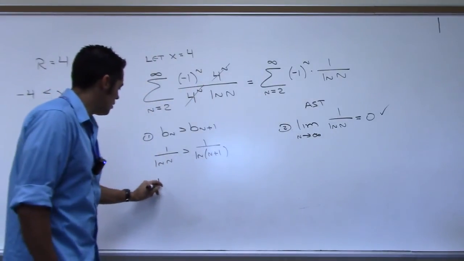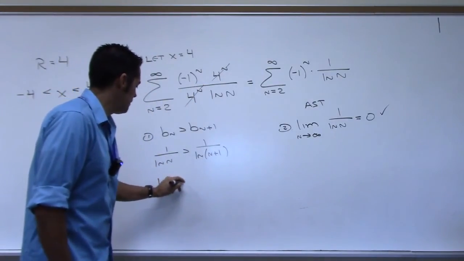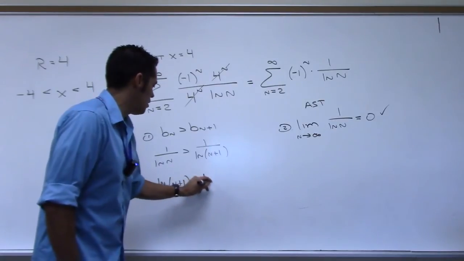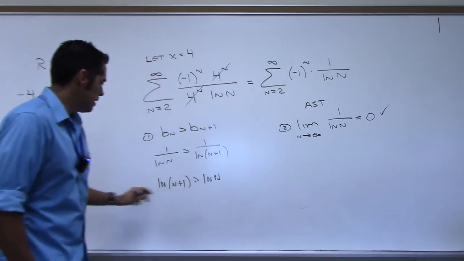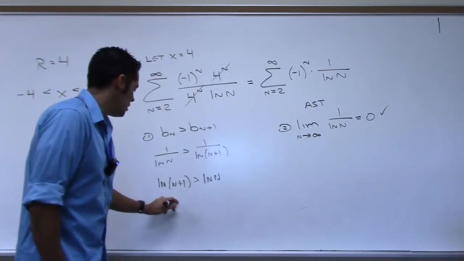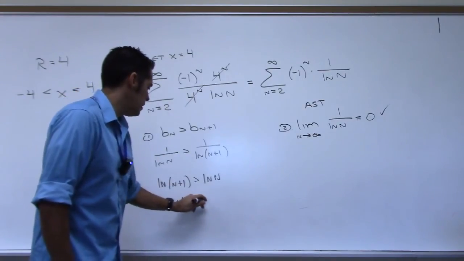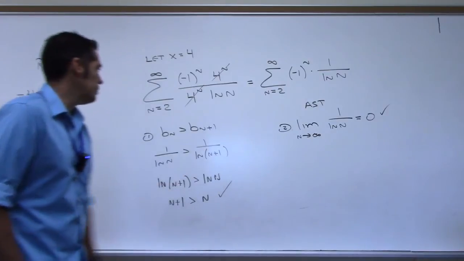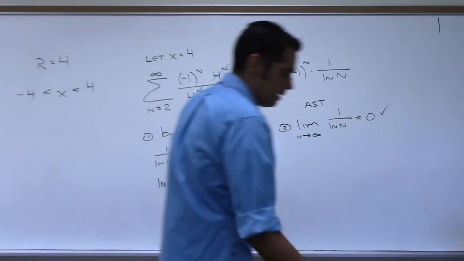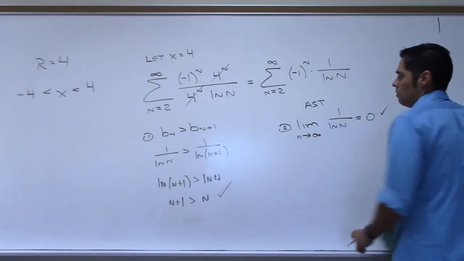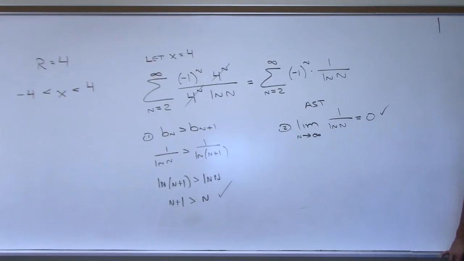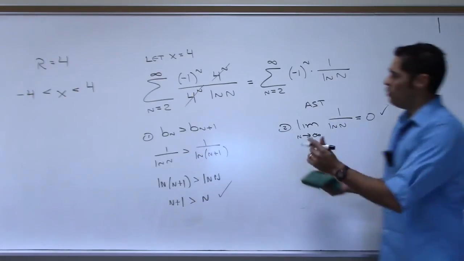And then that's natural log n plus 1 is greater than natural log n. If I take e on both sides, I get n plus 1 is greater than n. Cancel the n's, that's true. So that would be convergent, right? Alternating series. Yep, so that's convergent if x is 4.